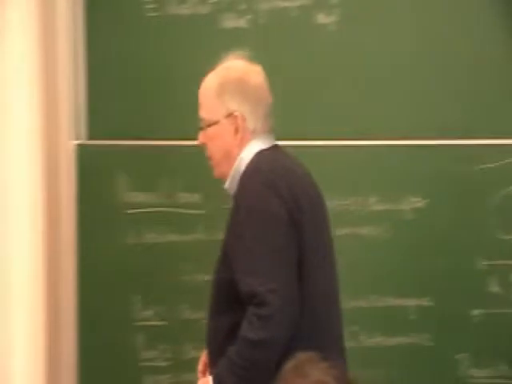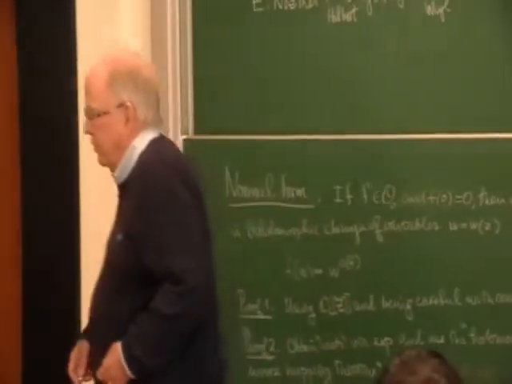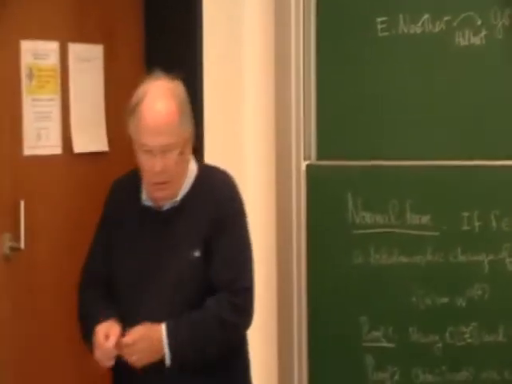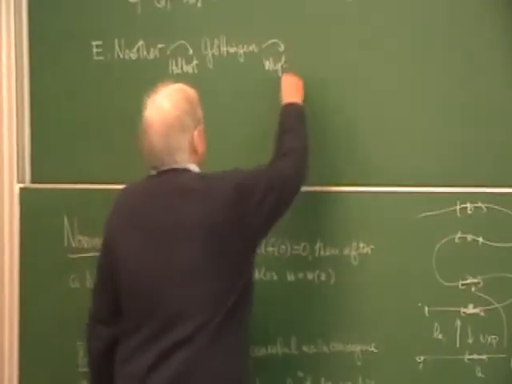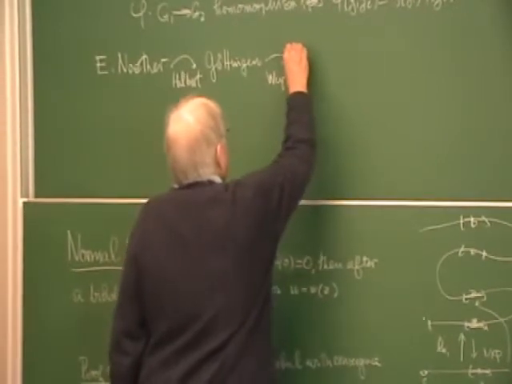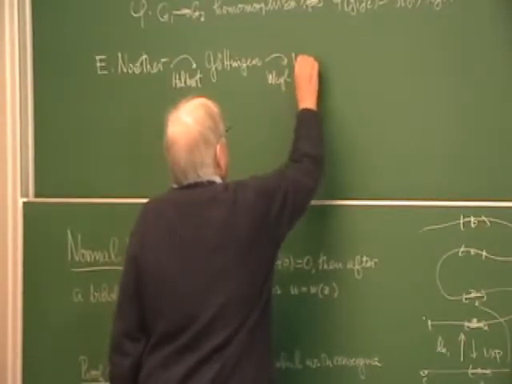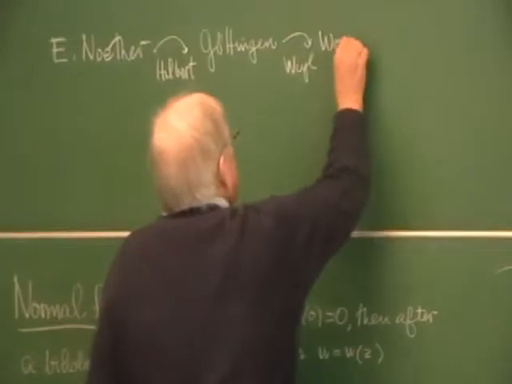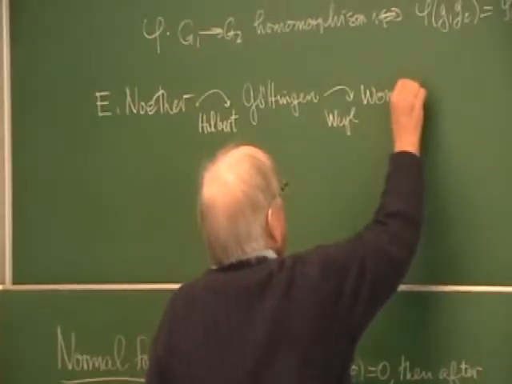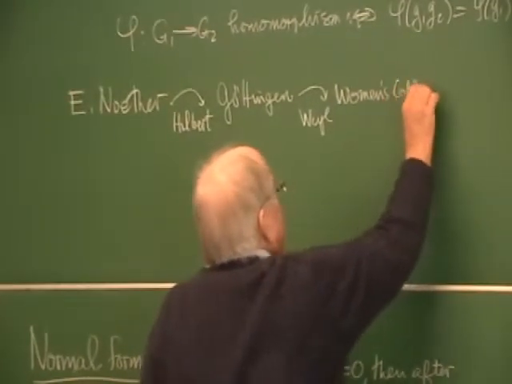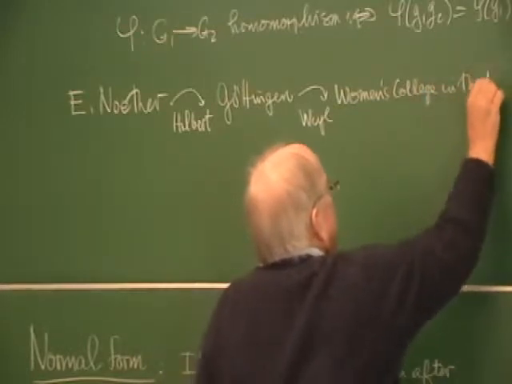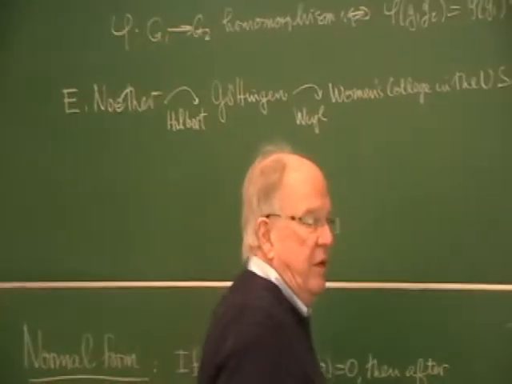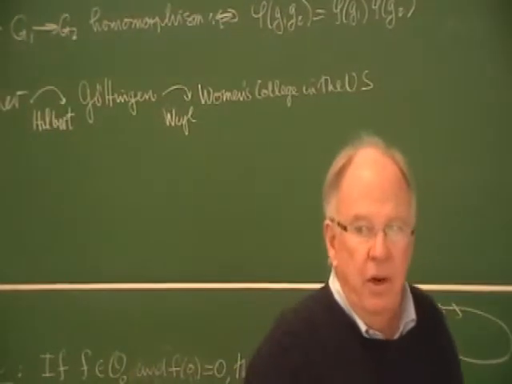Many of the great German mathematicians left early before the terrible times in Germany. And she did, but finally Hermann Weyl helped her get a position at a women's college in the U.S. If I recall correctly, the name of the college is Barnard.